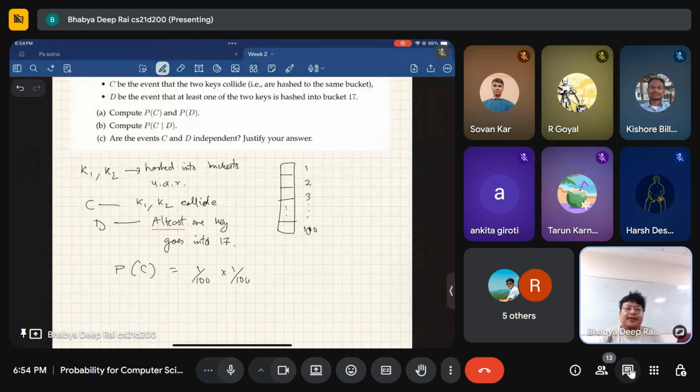Okay, others? Okay, Goel agrees. Everyone, is this the answer? Harsh, Ankita, Kishore.